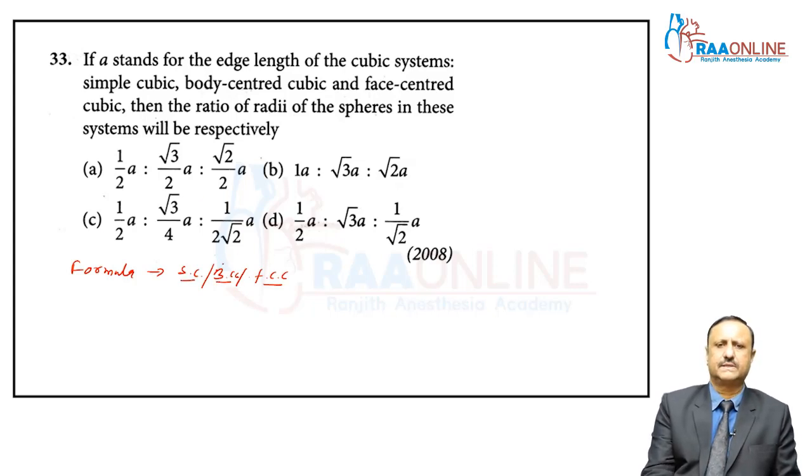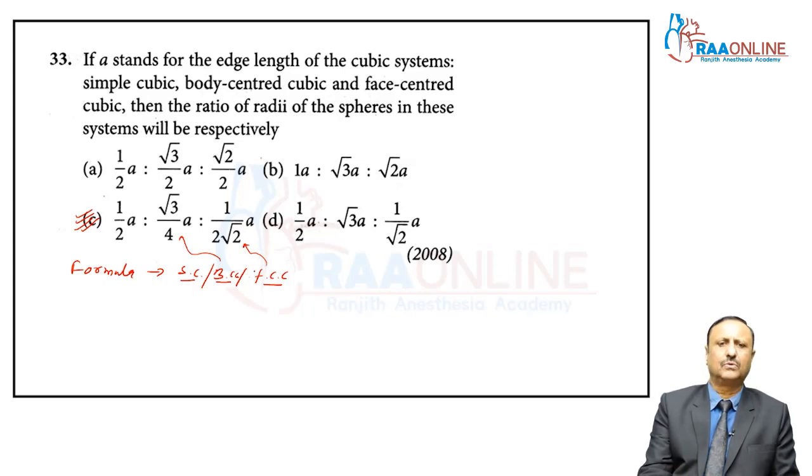Here for FCC it is 1 upon 2 root 2 a, in BCC you use root 3 by 4 into a, and simple cubic is half a. So my dear students, the answer to question number 33 is A.